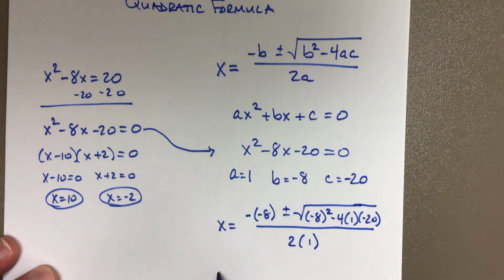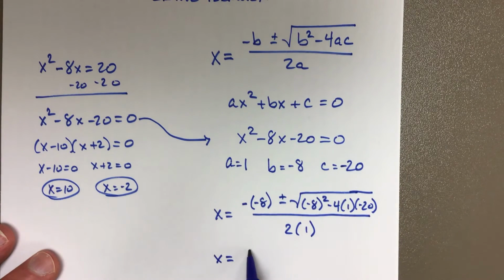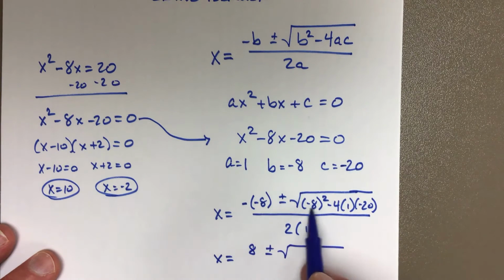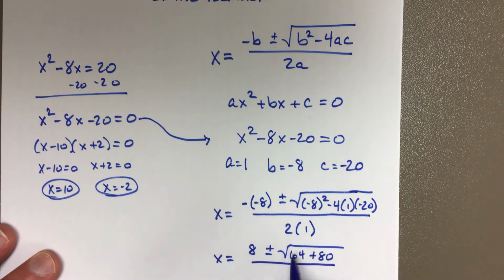So x is equal to the opposite of negative 8, which is 8, plus or minus the square root of negative 8 squared, which is 64, and then negative 4 times 1 is negative 4, times negative 20 is a positive 80, and then over 2 times 1, which is 2.